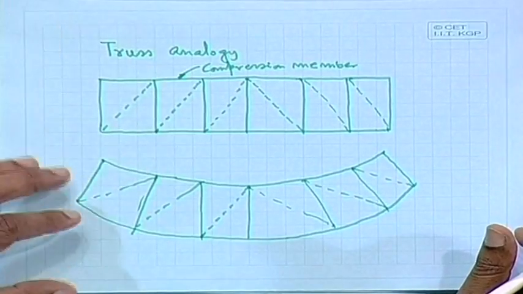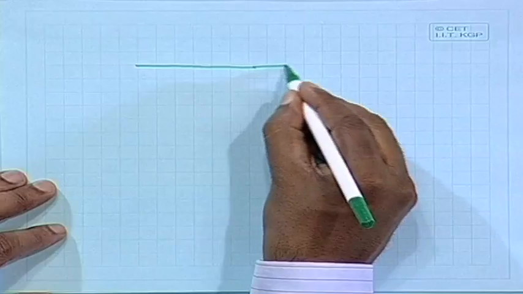Similarly, I can show you for the other one also, that means for the inclined one, which we can draw.